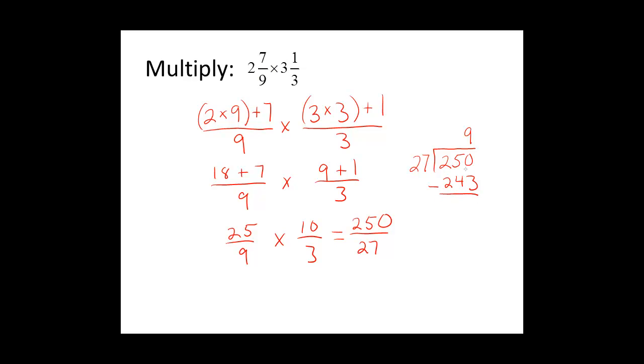When we subtract, we get 7. 7 is our remainder, which becomes the numerator of our fraction part, and 27 is our denominator, what we divided by. So 250 over 27 can be written as 9 and 7/27. This is our answer as an improper fraction, and this is our answer as a mixed number. Both are acceptable.